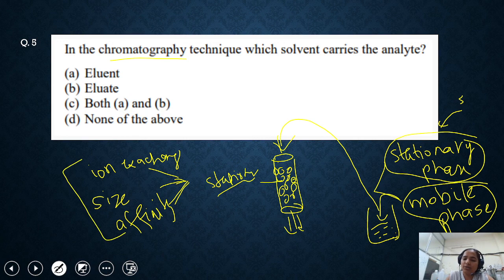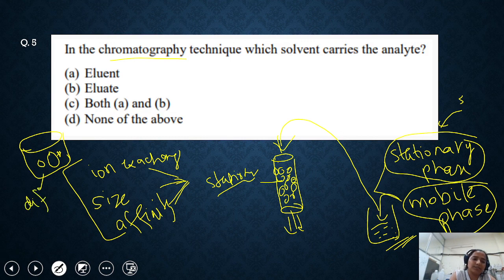That also depends on what you want to separate. Suppose you have a mixture of three different molecules, one is bigger in size, one is small, and one is very small. Means all three components that you want to separate are of different sizes. So you will try to separate them on the basis of size. Means you will choose size exclusion chromatography.